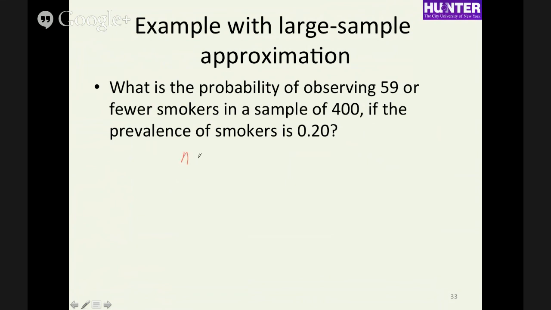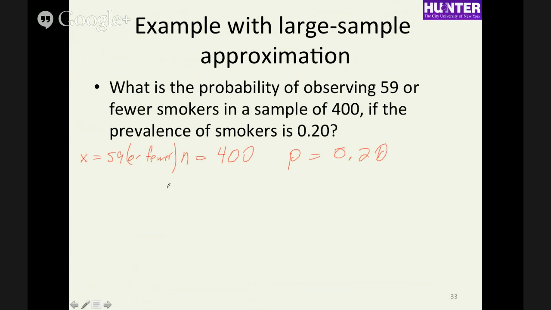So n equals 400, probability equals 0.20, and x equals 59 or fewer. With a sample of 400, we're going to want to use the normal approximation, because 400 factorial is probably going to cause an error in your spreadsheet.